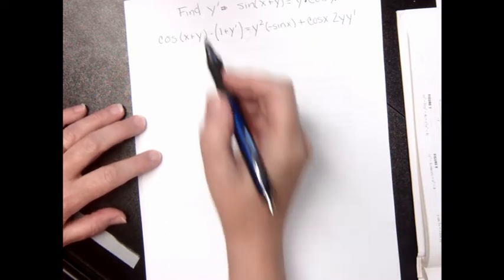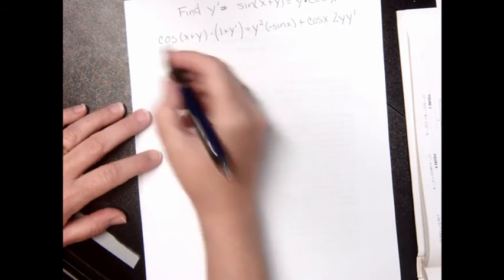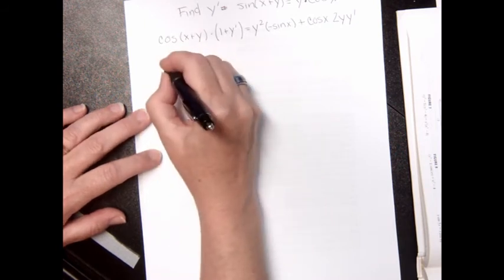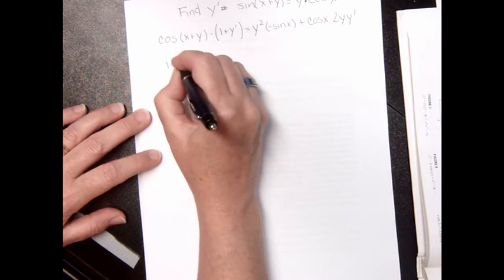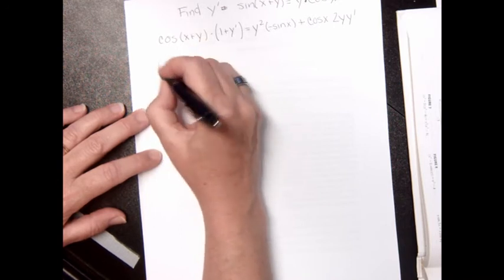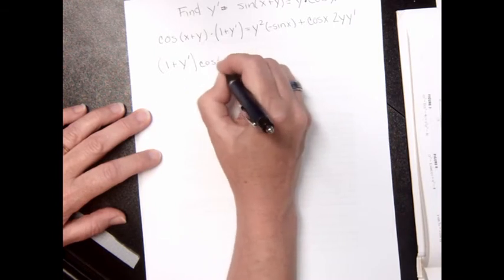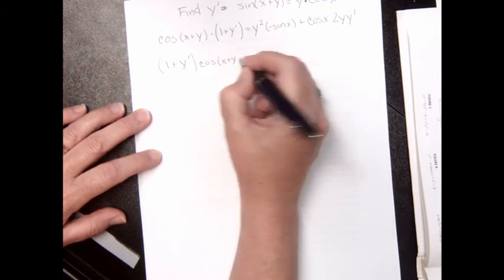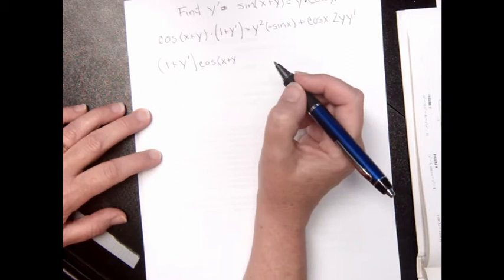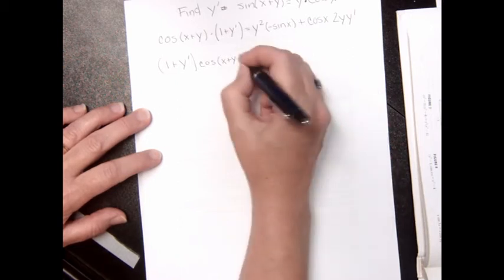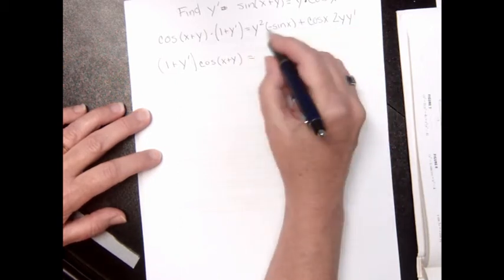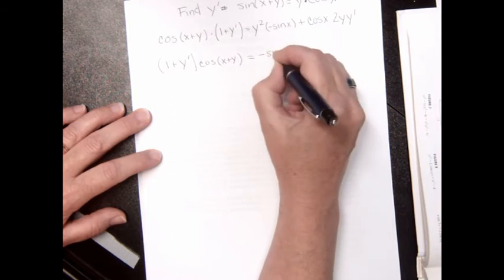So, let's take a look at that. I'm going to move this in the front. Okay, and this is cosine of x plus y. And this will be negative sine x.